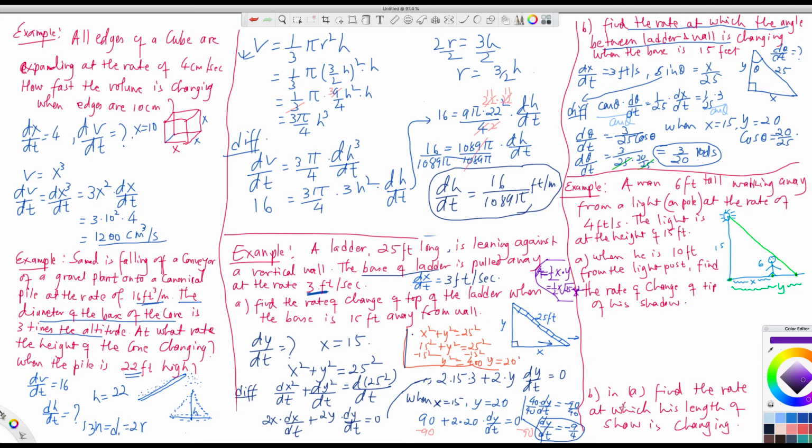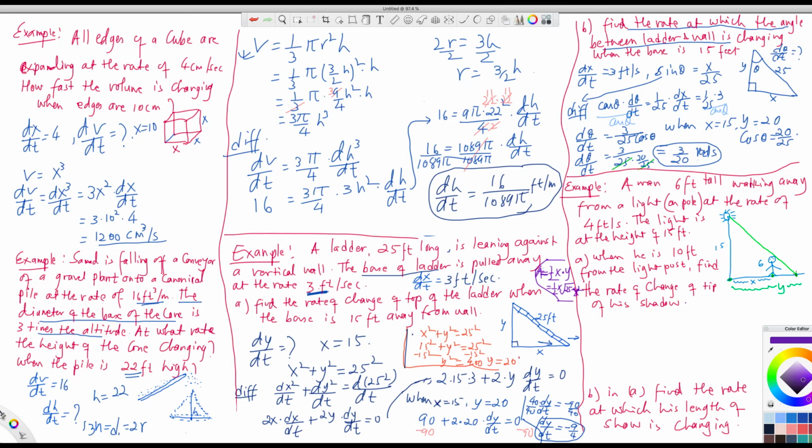And the second question is, in the same situation, find the rate at which this length is changing. So you want to find the overall change in length, as well as the change in this length. The rate of change of the tip means how fast this is changing when he is going away.